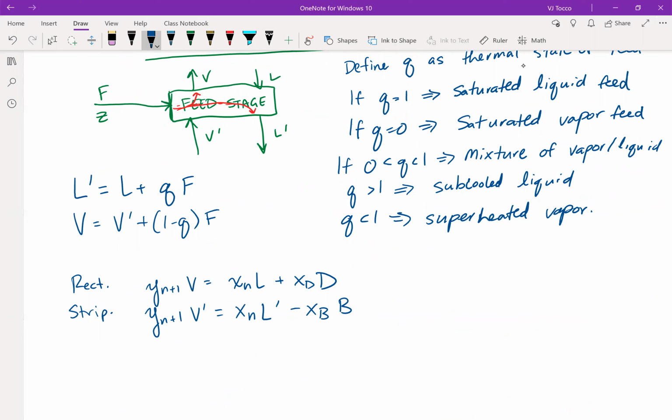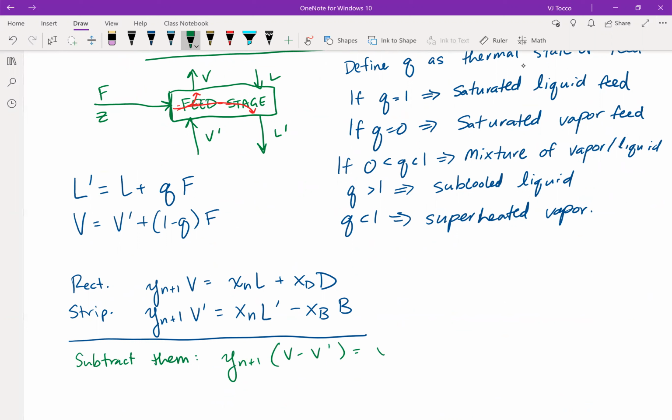Now in the course of deriving this, I'm going to subtract these two equations. So subtract them. And you will find that if I factor out y of n plus 1, I've got V minus V prime is equal to x n times L minus L prime plus x D times D minus x B times B. And by my overall balance, I can take this lump, cancel it, and set it equal to z times F. So you should be able to prove that as well.